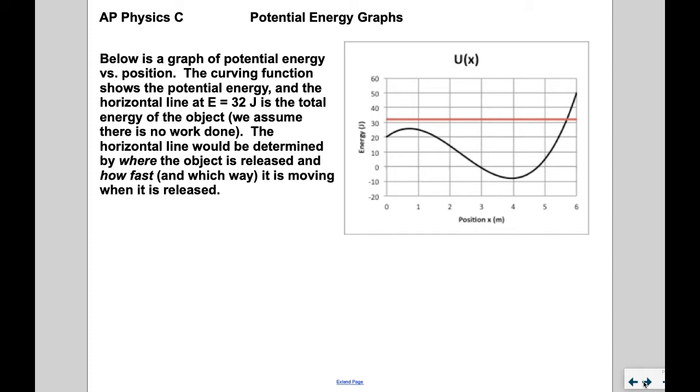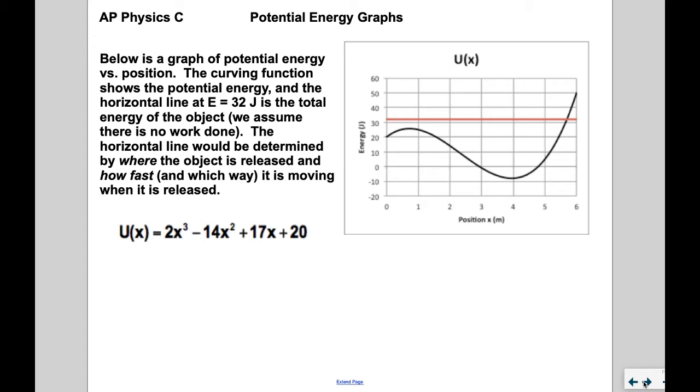The location of the horizontal line would be determined by where the object is released and how fast it's moving, essentially how much kinetic energy it has. So we have a function here that is determined effectively by the surroundings.